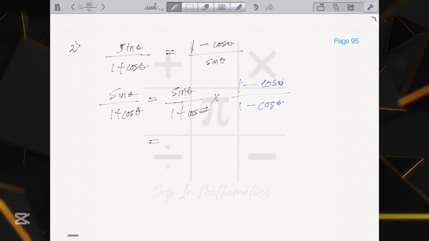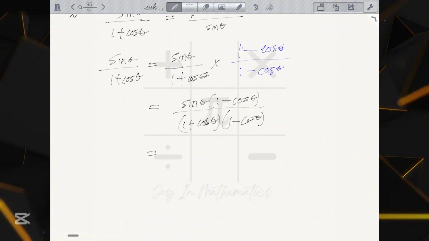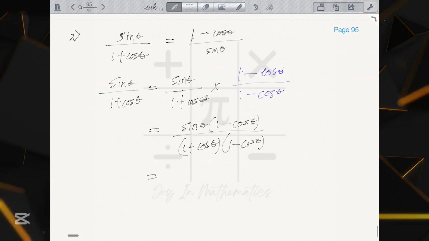So let's open the bracket now. The numerator will be sine theta multiplied by 1 minus cos theta, and the denominator will be 1 plus cos theta multiplied by 1 minus cos theta. The numerator, when we open the brackets, we can still leave the brackets in that manner: sine theta multiplied by 1 minus cos theta.